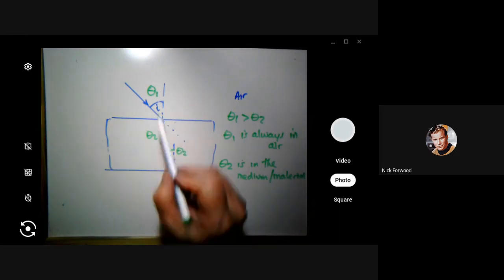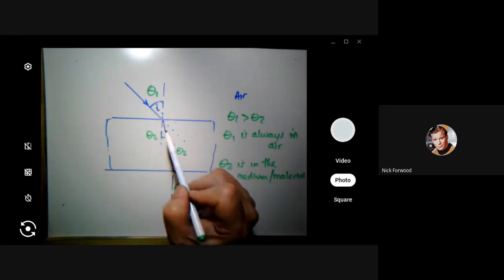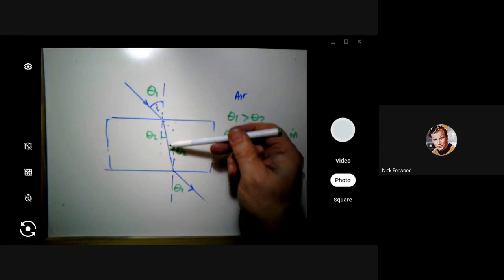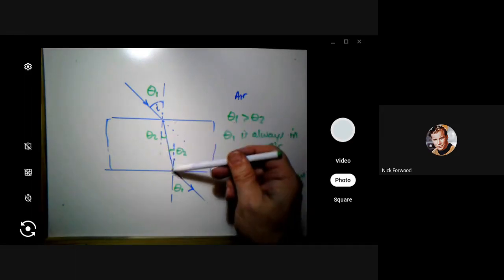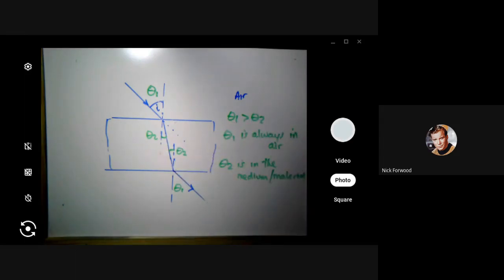We don't have to swap round I and R, angle of incidence. Some people seem to think that this is the angle of incidence because it's coming into this boundary, but it's not actually. So we're going to forget I and R now. I'm going to try and get you to remember theta 1 is always in air and it's always bigger. Theta 2 is inside the material and it's always smaller. Theta 1 bigger than theta 2.